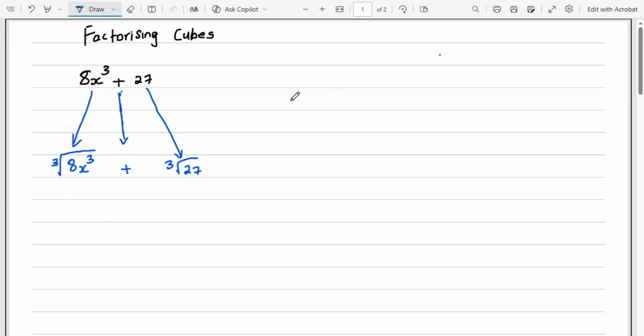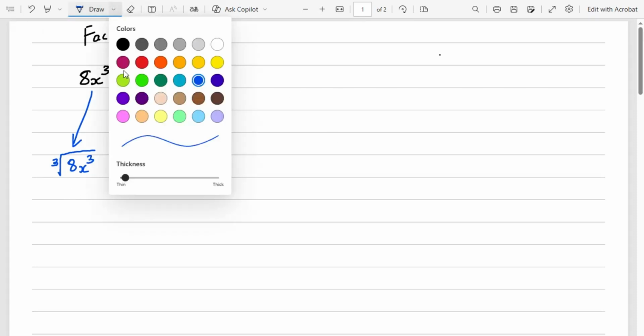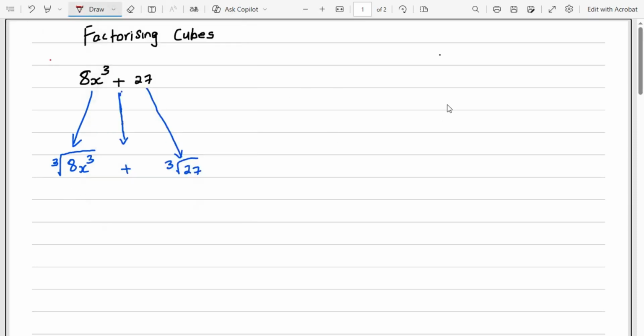So I'm not sure if you want me to remind you how the laws of exponents or the cube roots work. Okay, so remember, if I have the square root of a times b, I can write this as the square root of a times the square root of b, which is what I'm going to apply with the cube root of 8, which is multiplied by x to the power 3.